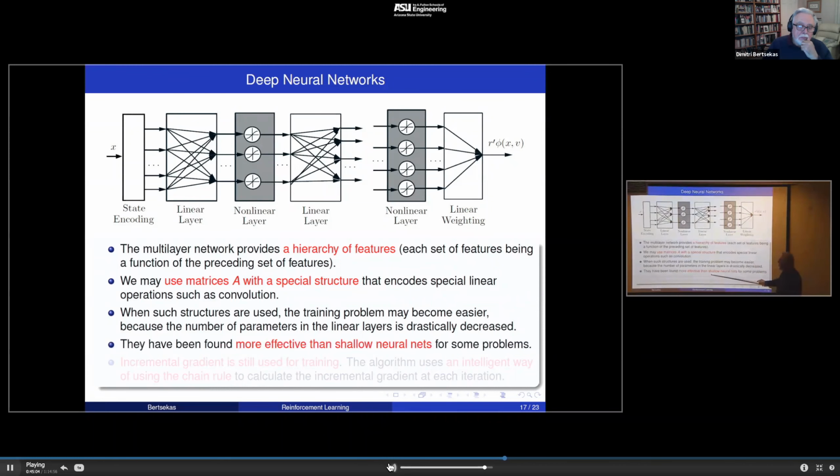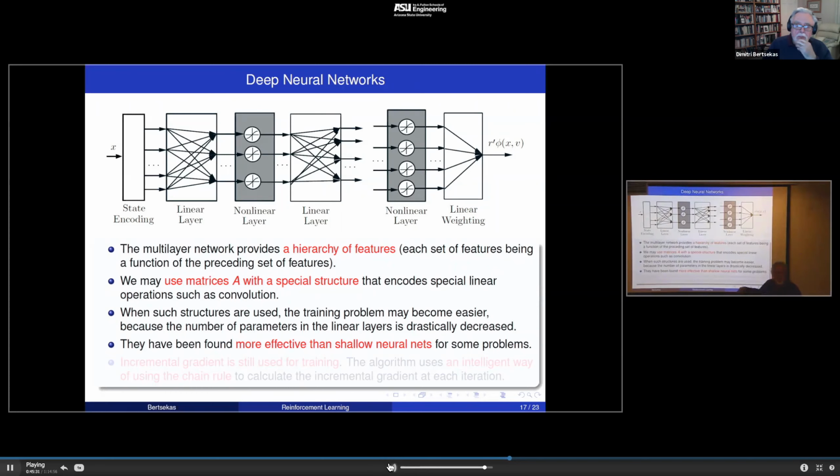So they have been found to be more effective than shallow neural networks for some problems, not for all problems. For example, I've mentioned in past lectures the backgammon program of Tesauro, which uses a neural network. And on the internet, you'll find descendants of the backgammon program of Tesauro that use neural networks. But people have tried many layers, and it didn't make a difference.